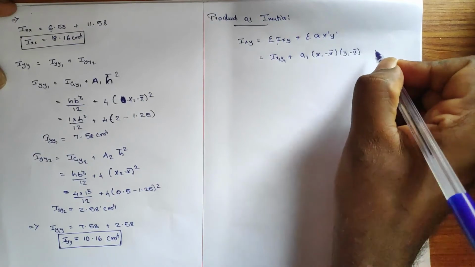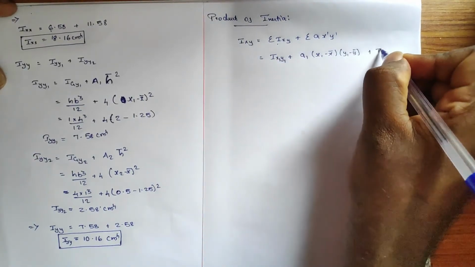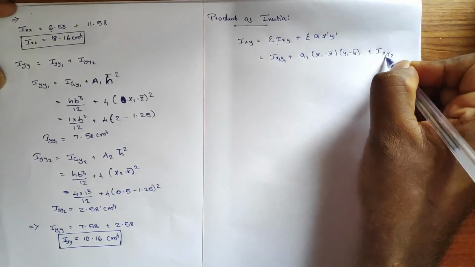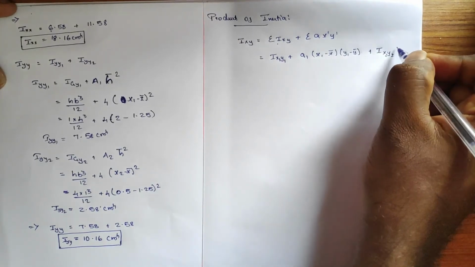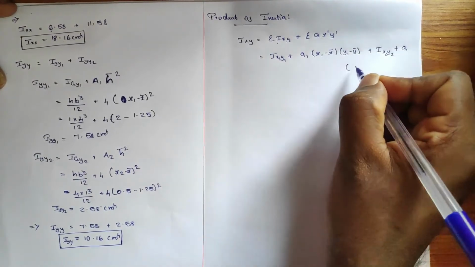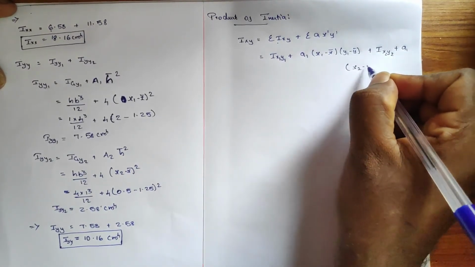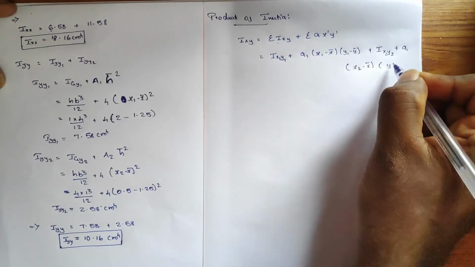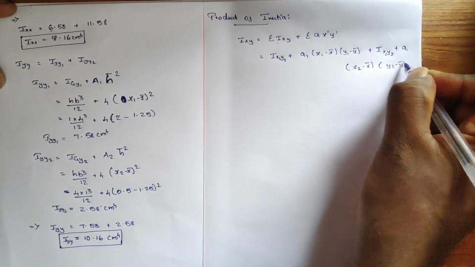And moving to the second component, the product of inertia for the second component plus A2 into X2 minus X bar into Y2 minus Y bar.